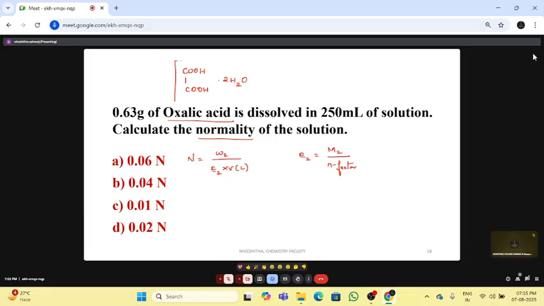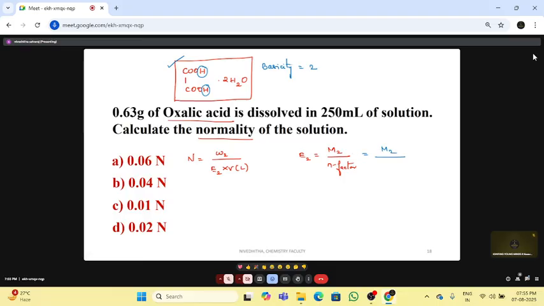So this is the formula of oxalic acid. From this formula, we can calculate the value of M2, right? And since this is an acid, the N factor is basicity. So for this acid, basicity is, we have 2 H plus ions which are directly connected to the carbonyl group. So basicity is 2. That's it.